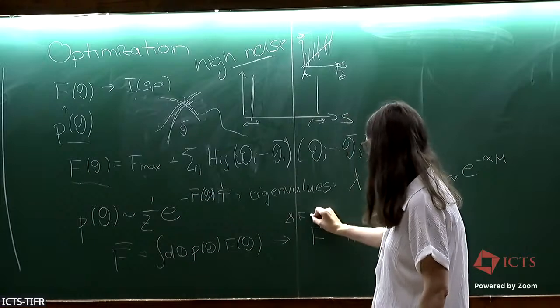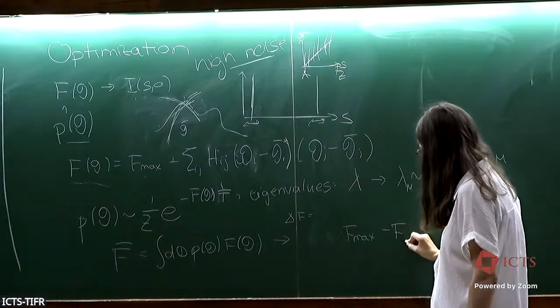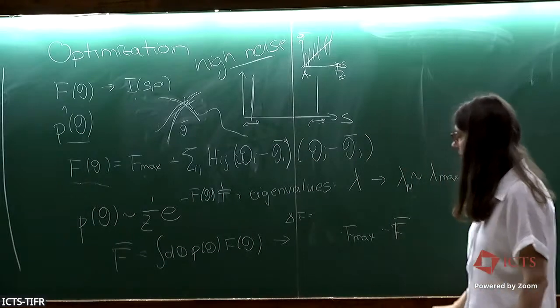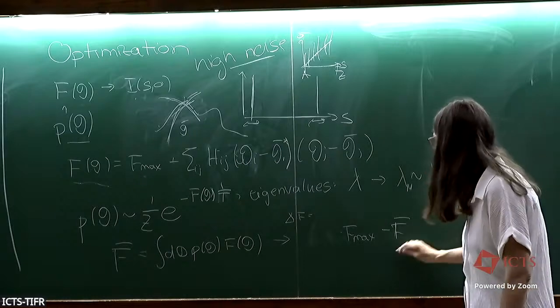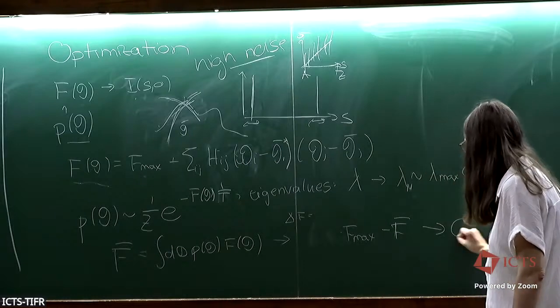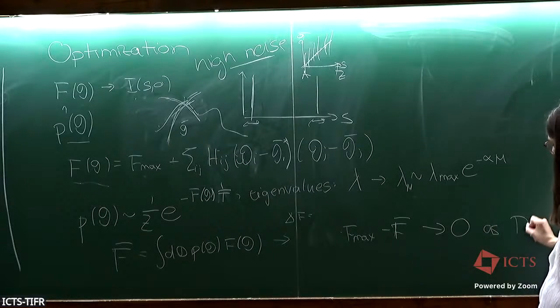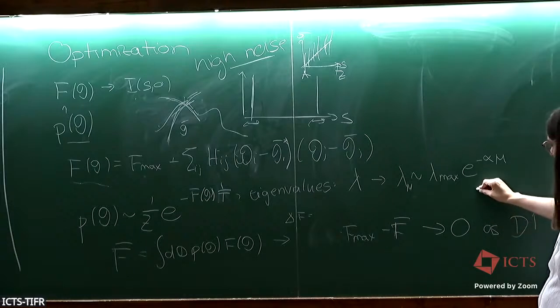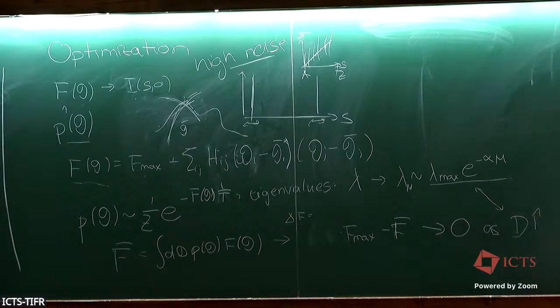Since the maximum is higher, I should probably have written it more like this, so that I have a positive number. And I can find that this delta f becomes 0 as the dimensions go to infinity, because the assumption that we are making is that as the dimension goes to infinity, we will have this type of scaling in the parameters.